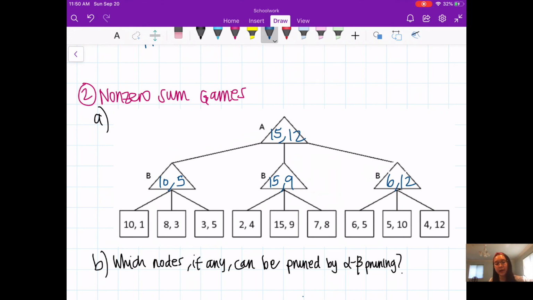Something to notice is that with non-zero sum games, you just have maximum nodes in general, because as a player, you're always trying to win, and to win you need to maximize your utility. Since the utilities are now represented separately for each player, you constantly want to maximize utility, which is why you can just have maximum nodes.